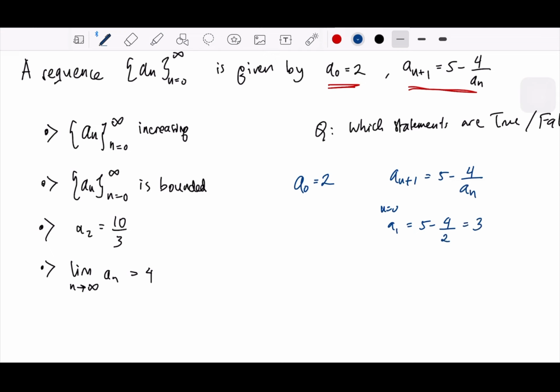This will be 3. And a2 is 5 minus 4 over 3, which is equal to 11 over 3. I think it's correct.